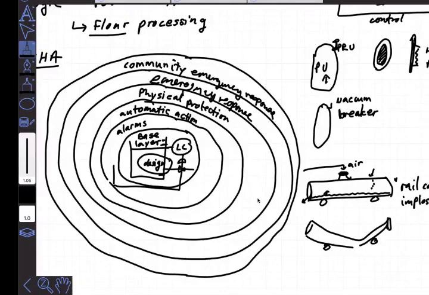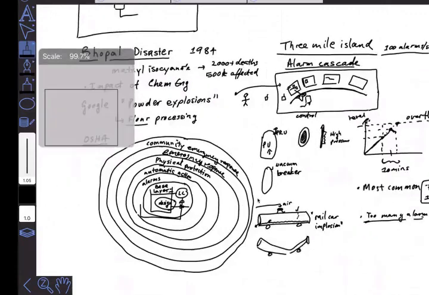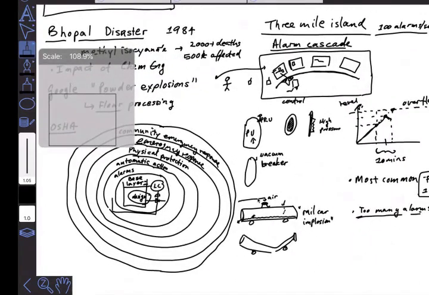Now, I hope that's given you the overview of chapters 8 and 9. Like I say, there's a lot of bitty detail in there, but don't focus so much on it. I think engineers are very drawn to the calculation aspects, you know, the mean time to failure or whatever. But I would like you to Google these two disasters.